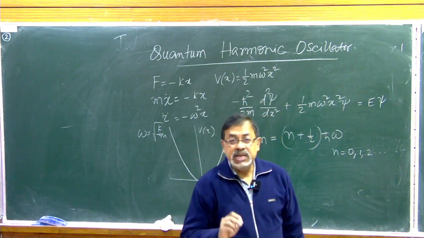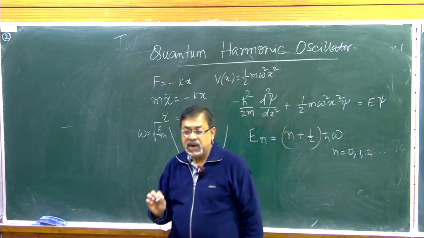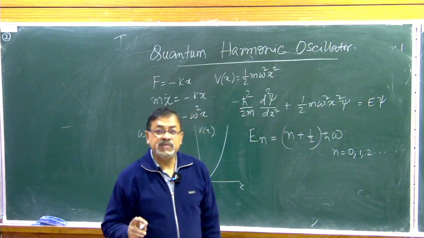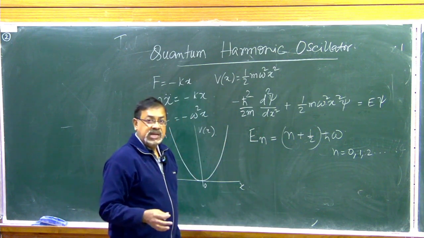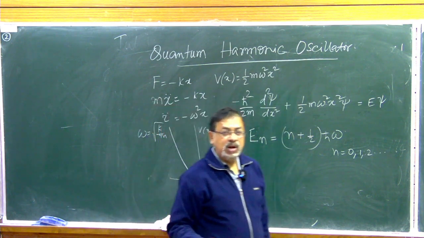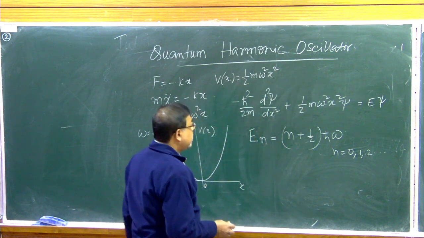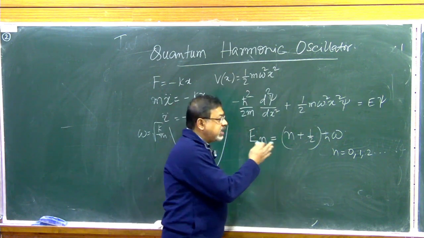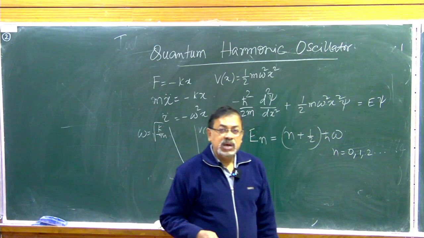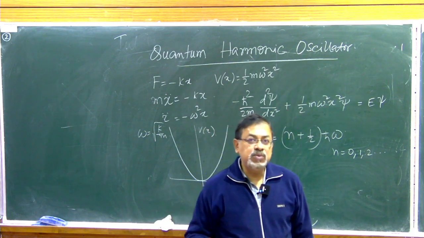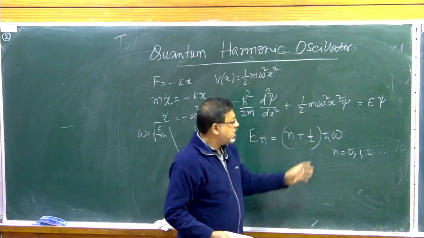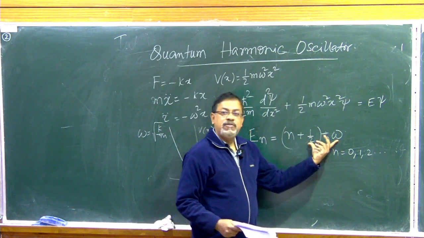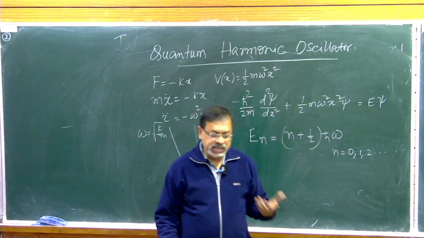Remember, this is in contrast with the particle in a box which we have done, where n equal to 0 would have implied that the particle is not there at all. But here n equal to 0 is allowed, and that tells you that there is a zero point energy which is inherent to a system of oscillators and doesn't go away even for the lowest possible state, n equal to 0.